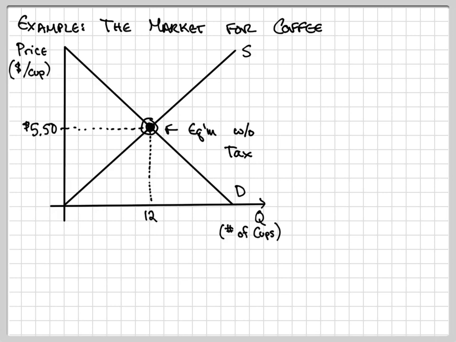So the first type of tax we're going to think about is a tax on buyers. So I'm going to redraw the graph. And suppose the government imposes a $1.50 per unit tax.